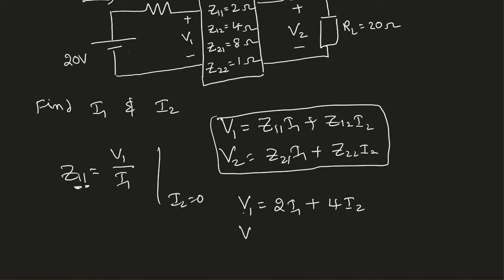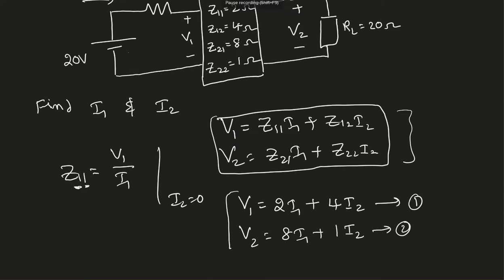Here, I am substituting Z11, Z12, Z21, and Z22 in these equations. So V1 equal to 2I1 plus 4I2, and V2 equal to 8I1 plus 1I2. Now I have 4 unknowns, V1, V2, I1, and I2, but I have only 2 equations.